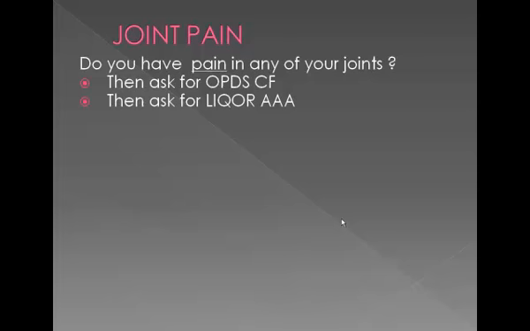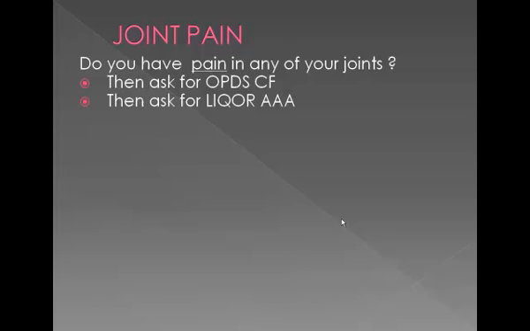On a scale of 1 to 10, 1 being the least and 10 being the worst, how would you rate this pain? Q is for quality. Can you describe the pain for me? Is it sharp, dull, or throbbing? O, you've already asked onset, so you can skip that here. And then R is for radiation. Does the pain travel anywhere or does it move anywhere else?